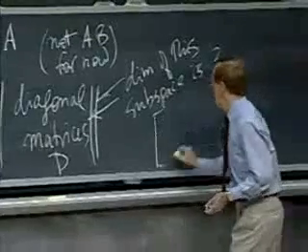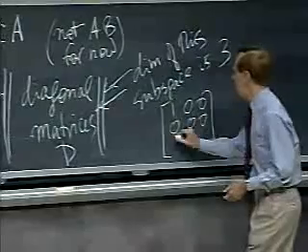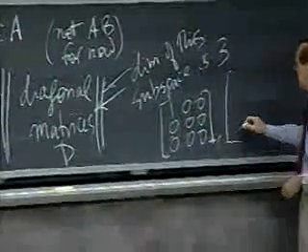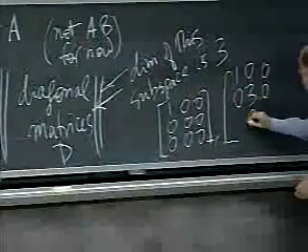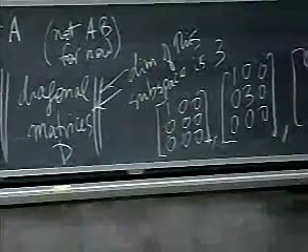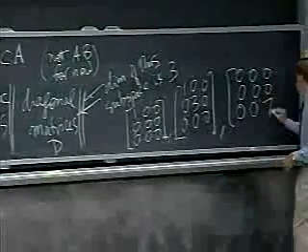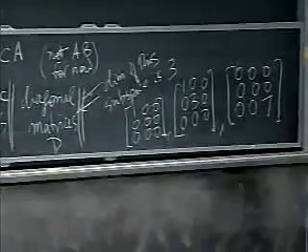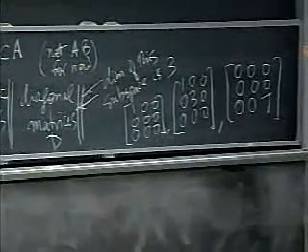Because here's a matrix in this, it's a diagonal matrix. Here's another one. Here's another one. Better make it diagonal. Let me put a 7 there. That was not a very great choice, but it's 3 diagonal matrices.